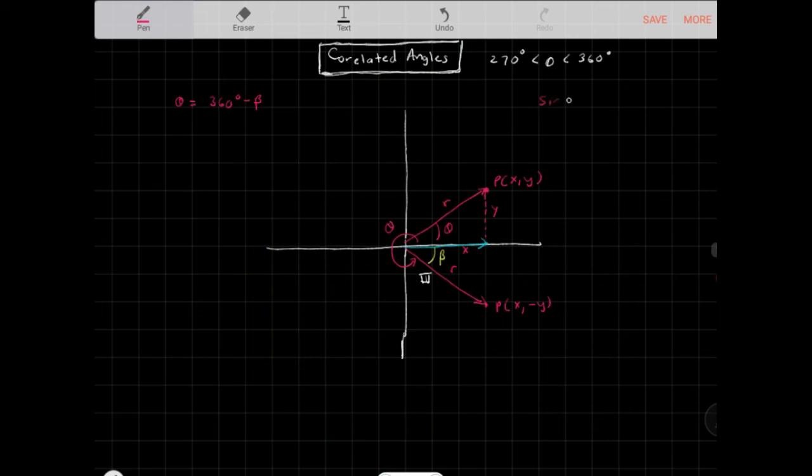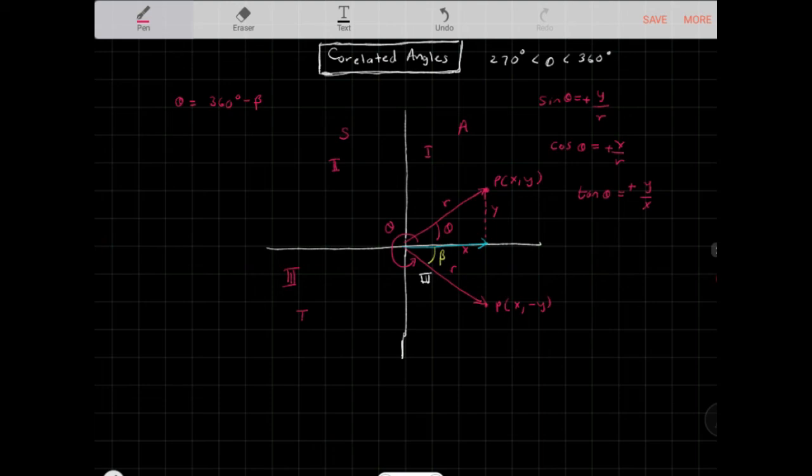So therefore, sine theta was equal to y over r, cosine theta was equal to x over r, and tan theta was equal to y over x. And all of these ratios were positive. So we found that all of the ratios in the first quadrant were positive. Only the sine ratio was positive in the second quadrant. And in the third quadrant, we found that only the tan ratio is positive, right?